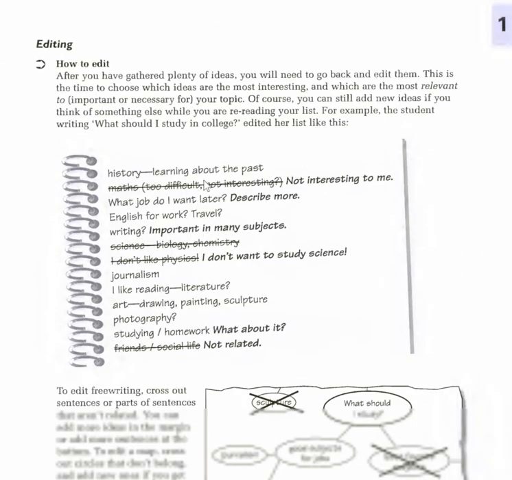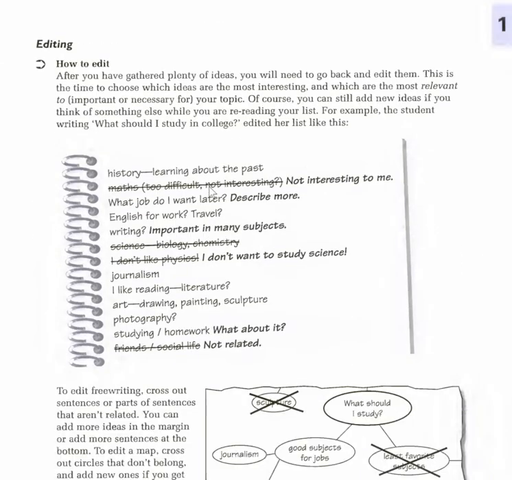After making the brainstorming, you go to the next step, which is editing the brainstorming ideas. After you have gathered plenty of ideas, you will need to go back and edit them. This is the time to choose which ideas are most interesting and which are the most relevant to your topic.